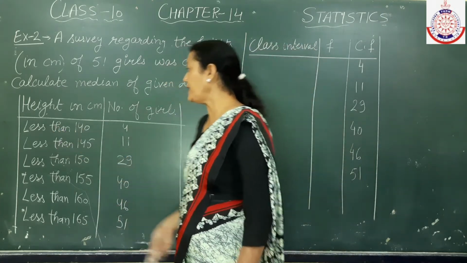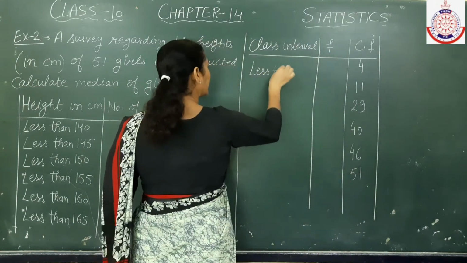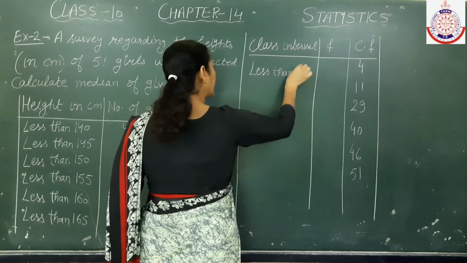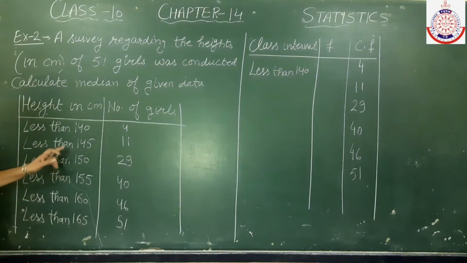Less than 140 remains as less than 140 only. After this, instead of writing less than 145, we'll be writing 140 to 145.